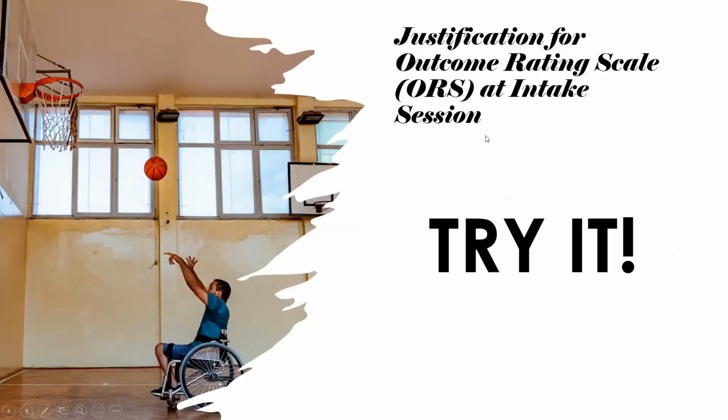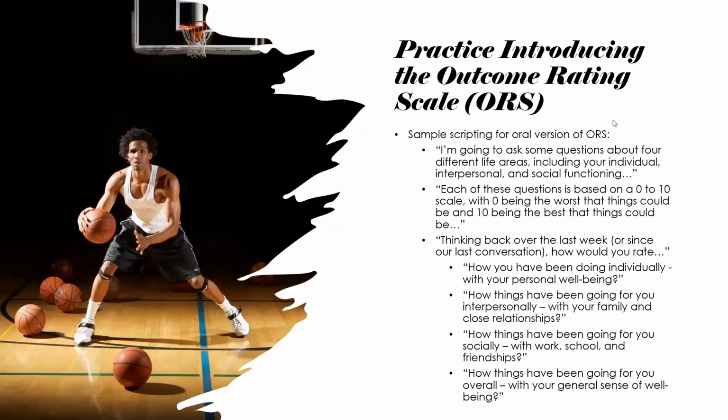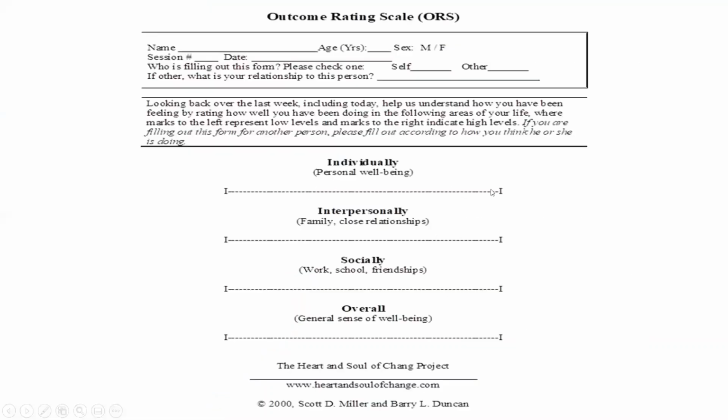Okay, so once we have introduced the reasoning for the scale, which for those of us who are unfamiliar with it, looks like this. For those of us who weren't here last week, this is called the outcome rating scale. It's used with adolescents and adults, and it's to gauge where people are at in different life areas.